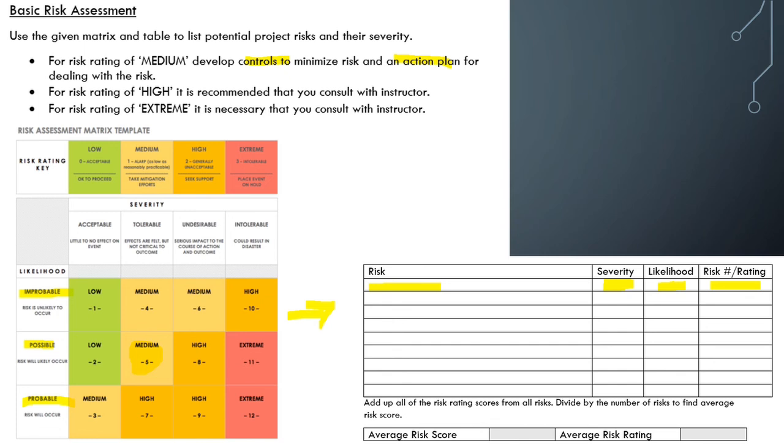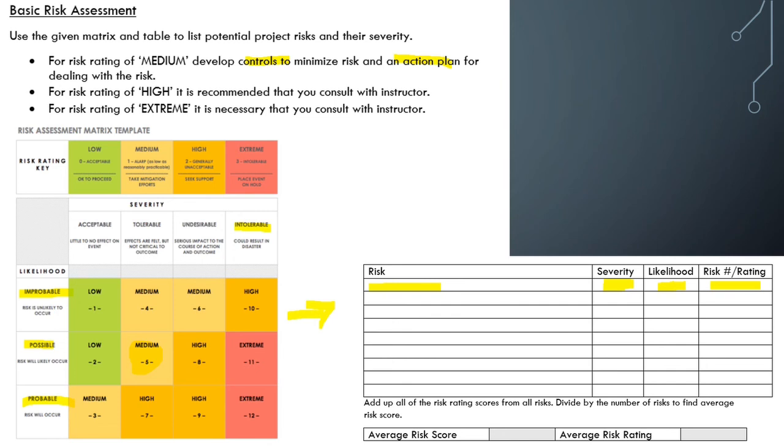But if you get a risk rating of extreme, and what that means is that something is intolerable, it will completely ruin your project, and it's possible or probable that it's going to occur, you absolutely must let me know to decide if that's something that we can help reduce the risk, or if you need to select another project.